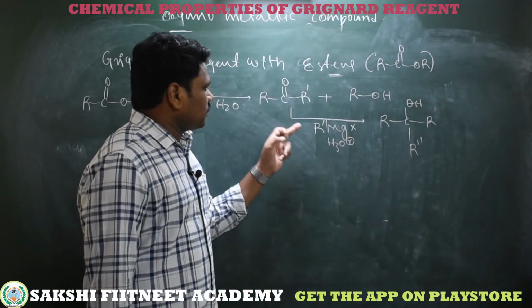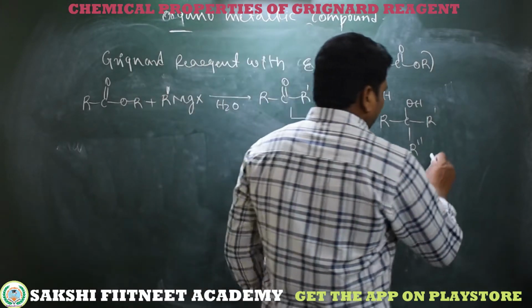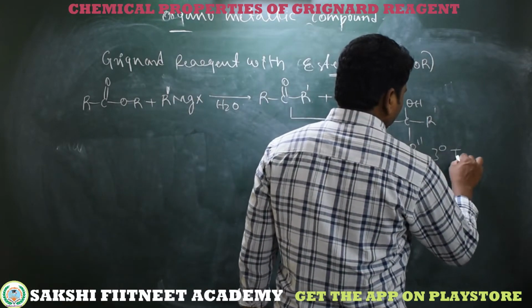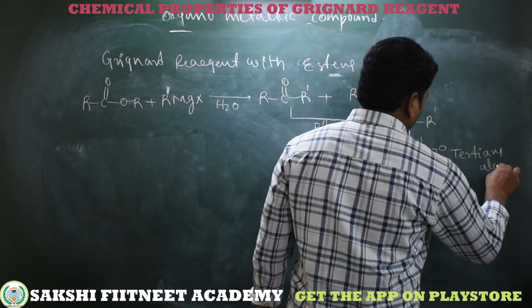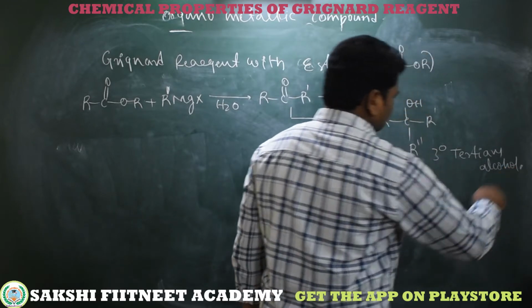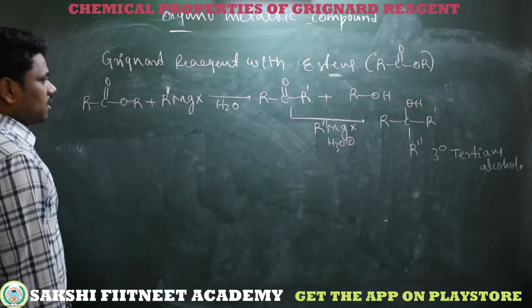Again this ketone with 1 more mole of Grignard reagent gives a tertiary alcohol. This is the reaction path of this ester with a Grignard reagent.